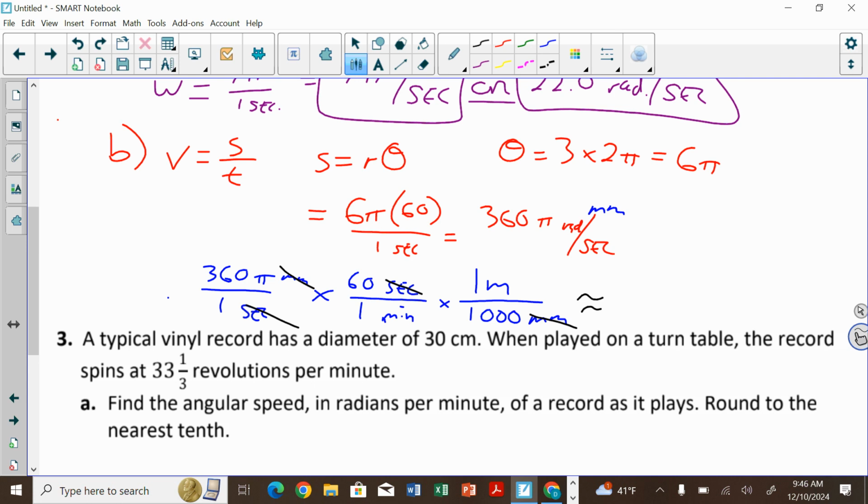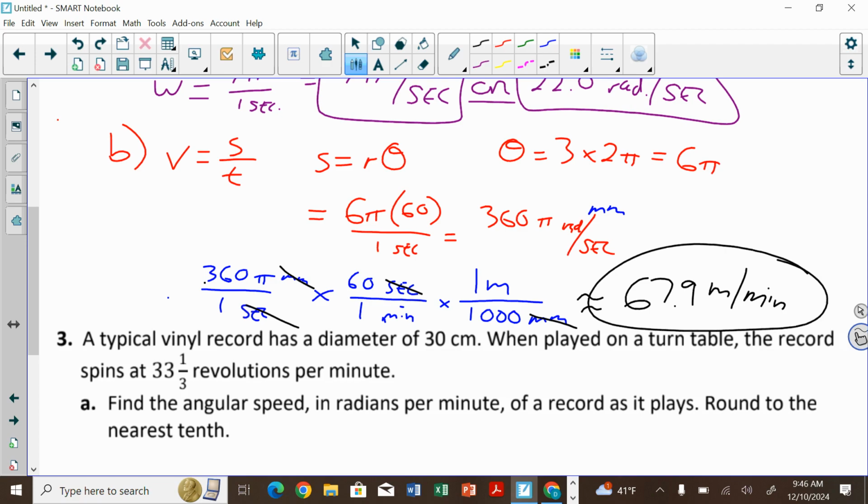And then I have pi involved in there too, so I end up getting 67.9 meters per minute. And again, to calculate that out, I took 360 pi times 60 times 1, and I divided it by 1,000.